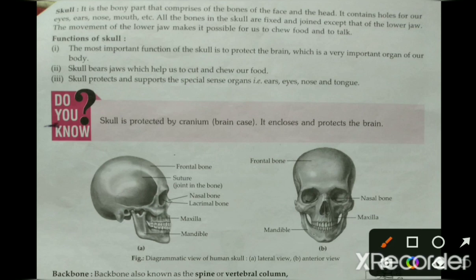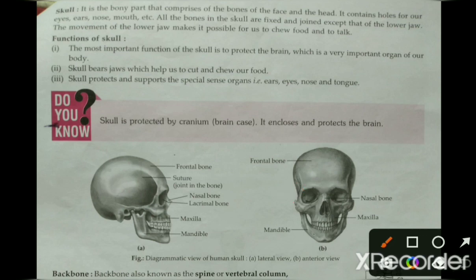Okay, so it contains various holes. You can see there is a hole here and there is a hole here. So here also we have a hole. These are the parts where our sensory organs are located: the eye, the nose, and also the ear. The movement of this skull you can find only in the lower jaw.